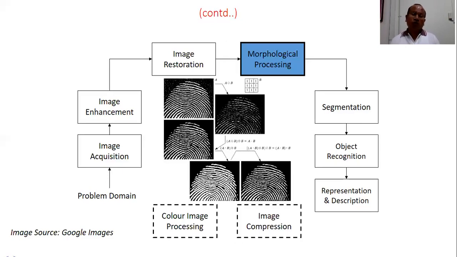And then we discussed different components of image processing. Image processing has a few key components like image acquisition, enhancement, restoration, morphological operation, segmentation, object recognition, representation, color image processing, image compression. Any one of these components is itself a big component which covers a broad scope of image processing.